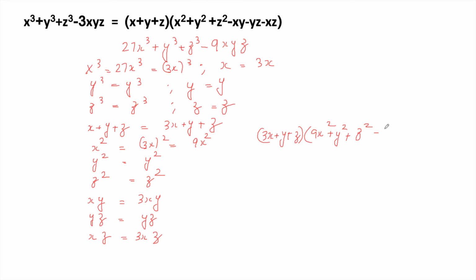Xy here 3xy. Yz, yz only. What is the xz here? That is 3xz. So this is the factors for the given polynomial 27x cube plus y cube plus z cube minus 9xyz.